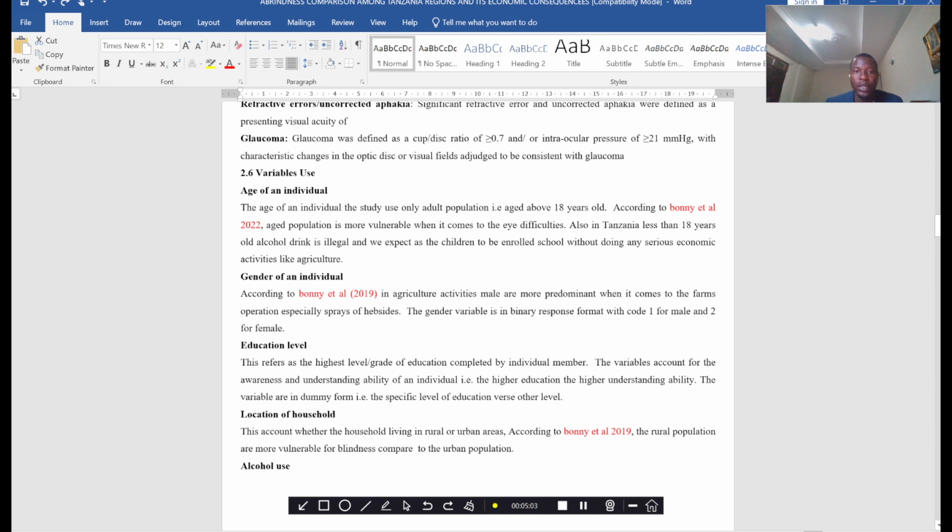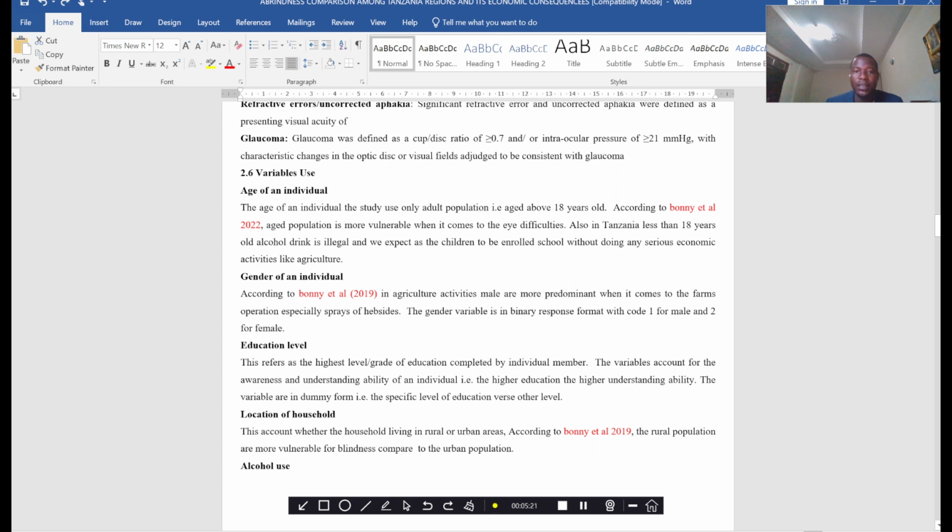The study uses only the adult population, age 18 years and above, and the aged population is more vulnerable when it comes to eye difficulties. So that's why we selected age, and also the gender of an individual.